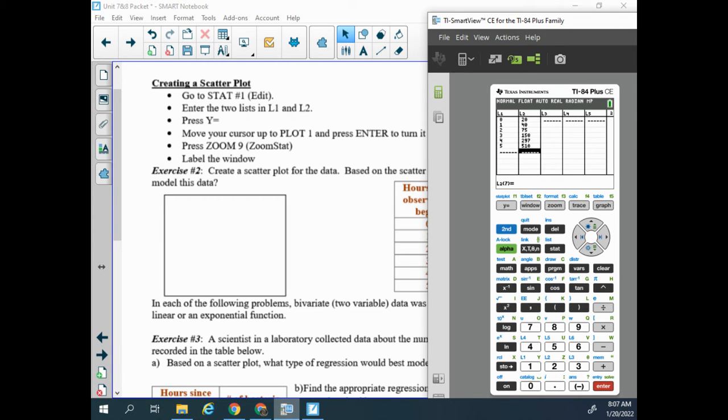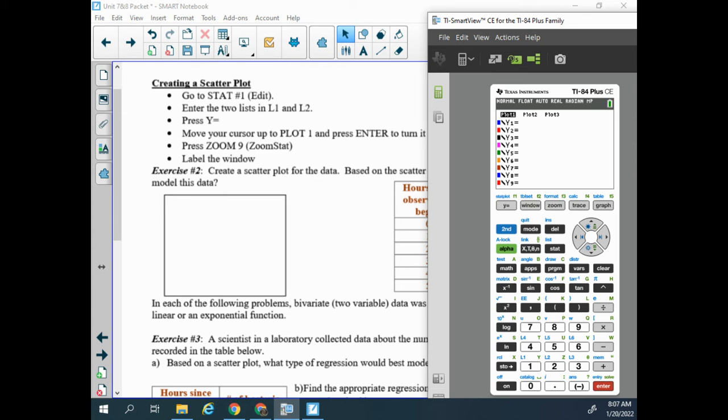If you need to go back over that, you just go to stat edit, and I typed in that data. Now for the scatter plot, we start with typing in the data. The next step, I'm looking at the top step, says press y equals, move your cursor up to plot 1, and press enter. So sometimes you guys have had that on in class, and it's messing up your regular graph.